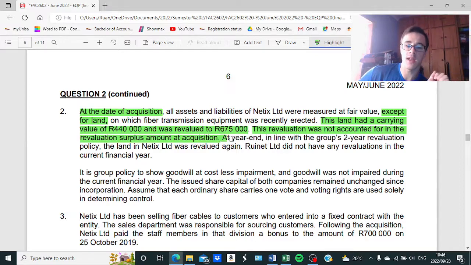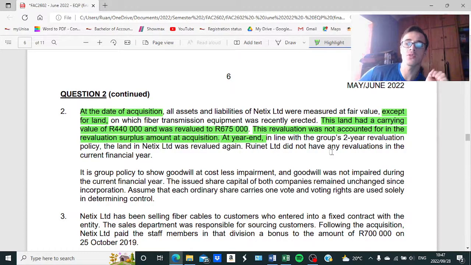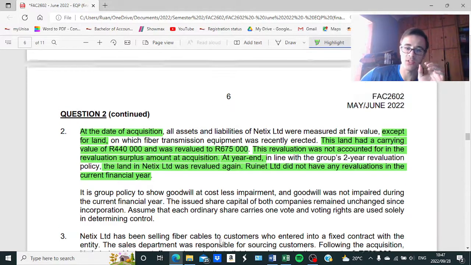Now, at year end, in line with the group's 2-year revaluation policy, the land in Netix Limited was revalued again. Runet Limited did not have any revaluations in the current year. So we first need to determine the actual balance of revaluation surplus for the subsidiary at acquisition.